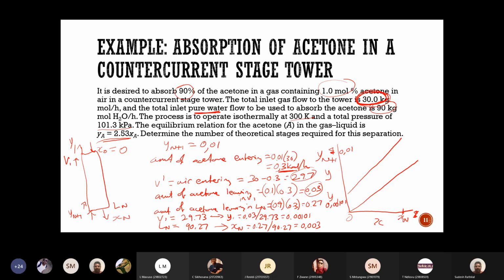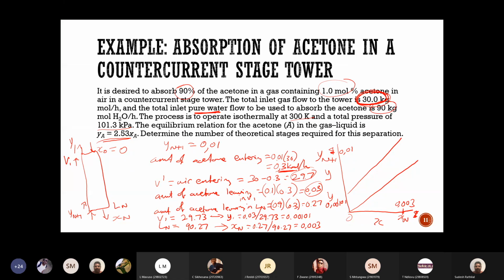You have to plot it on graph paper. On the x side, you must start at 0 because x0 is 0, and it goes to xn. What is xn? We just worked it out to be 0.003. Once I plot this, I've got the equilibrium line and the operating line.